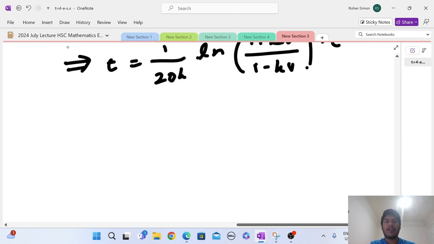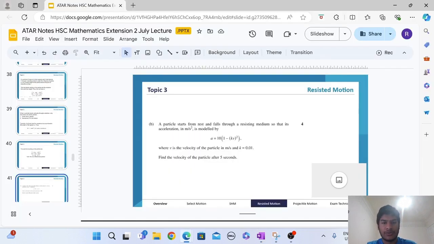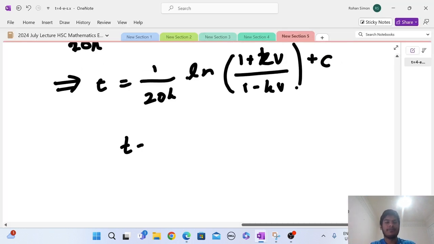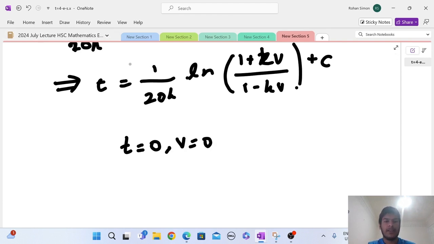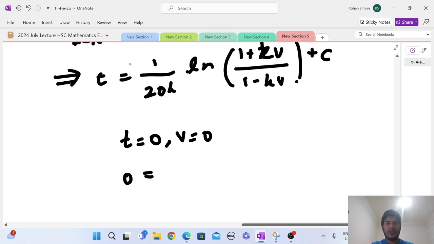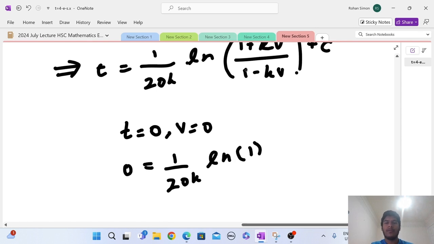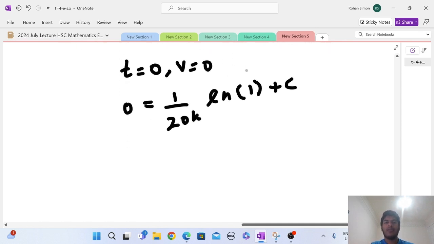Now, in order to evaluate the plus c, again, we look back at the question, look for initial conditions, and that is that the particle starts from rest. So that means that t equals 0, v equals 0. So if that's the case, we get 0 equals 1 on 20k ln of 1 over 1, which is 1, plus c. ln 1 is just 0, so we end up with c equals 0.